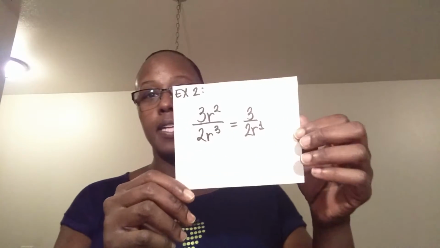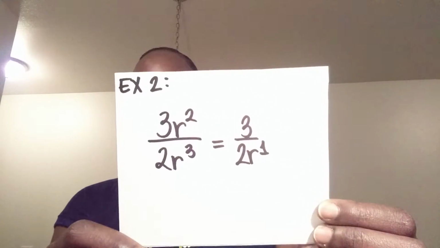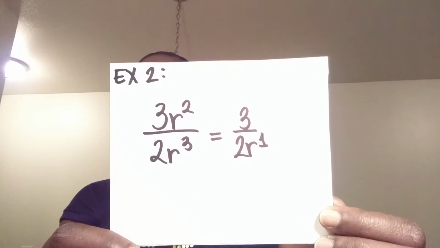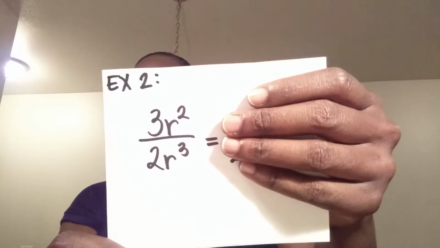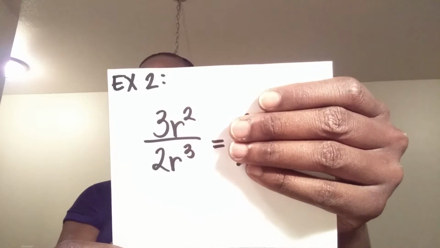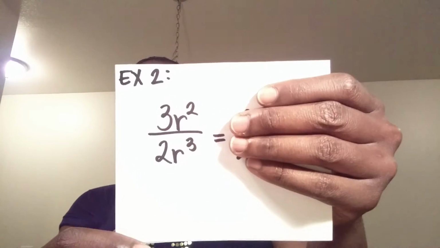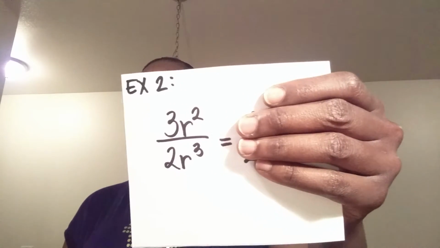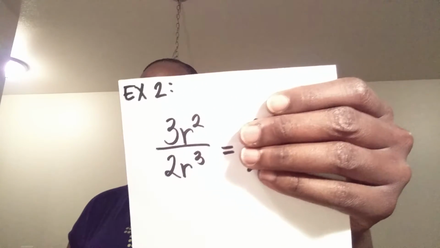Okay, guys, here is the next equation that we'll have an example for. Go ahead and write that down. 3r squared over 2r cubed. Give you some time to write it down.